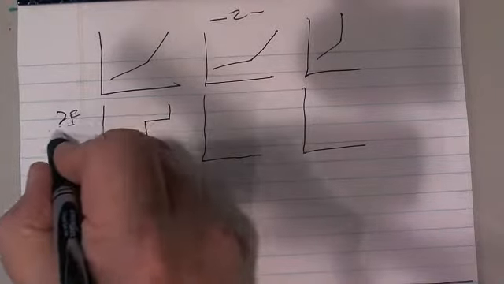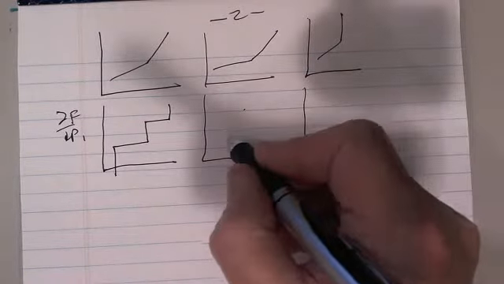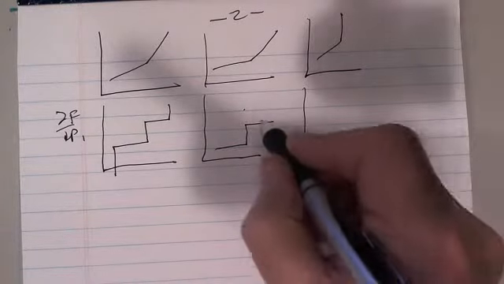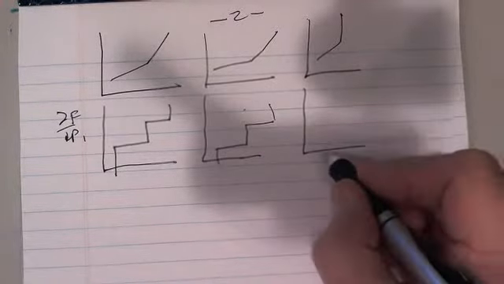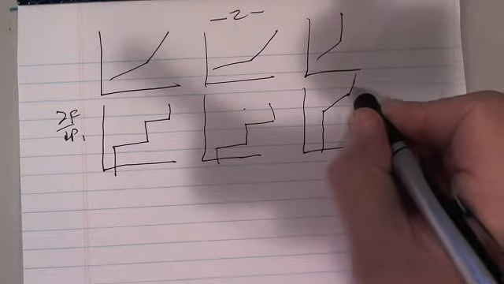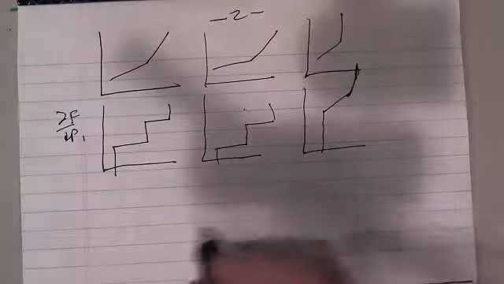This is df dp for 1, and this is for 2 and for 3. And so I don't know, maybe it comes up like this, and maybe this one comes up very steep, and he comes up and then up. These do not line up. I'm not trying to draw it very carefully.